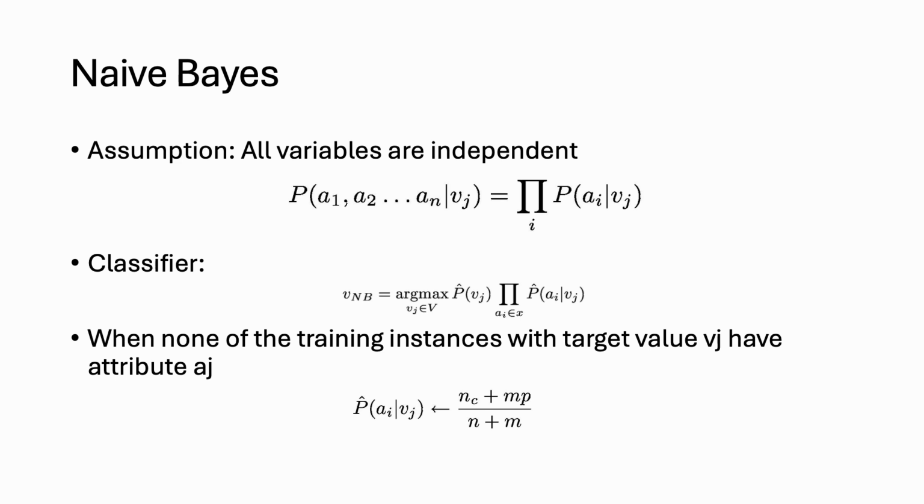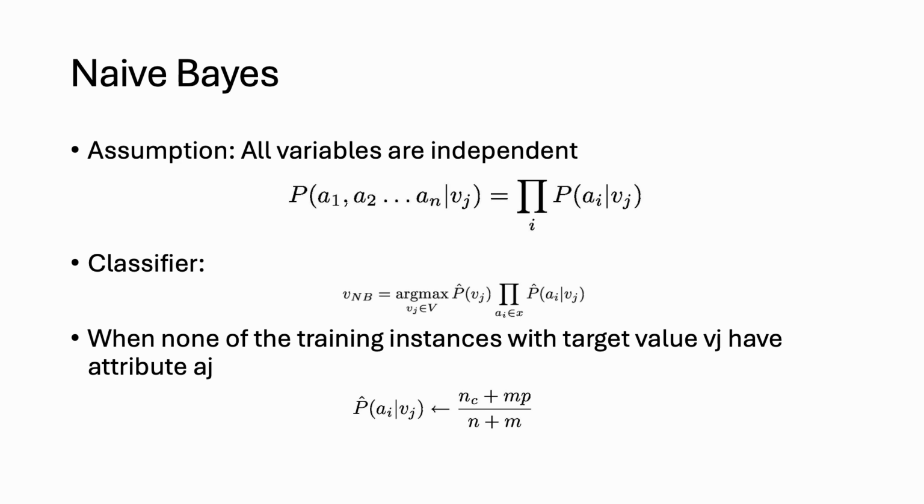And when none of the training instances of the target value have the attribute, we modify the formula by adding a constant m and p. The p will be the prior probability of Vj, and m will be a constant that we choose.